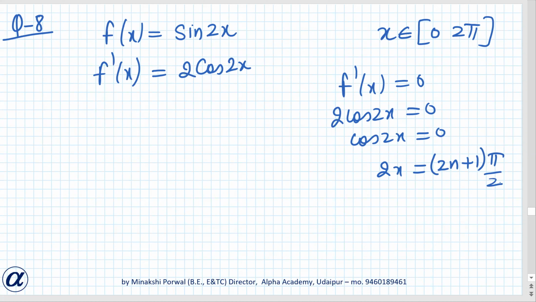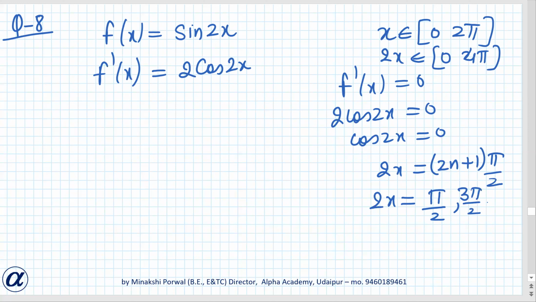So 2x equals (2n plus 1) pi by 2. Now x belongs to 0 to 2 pi, so 2x belongs to 0 to 4 pi. When n is 0, 2x is pi by 2. When n equals 1, it is 3 pi by 2. When n equals 2, it is 5 pi by 2, and 7 pi by 2 also. So this all will lie in the range 0 to 4 pi.